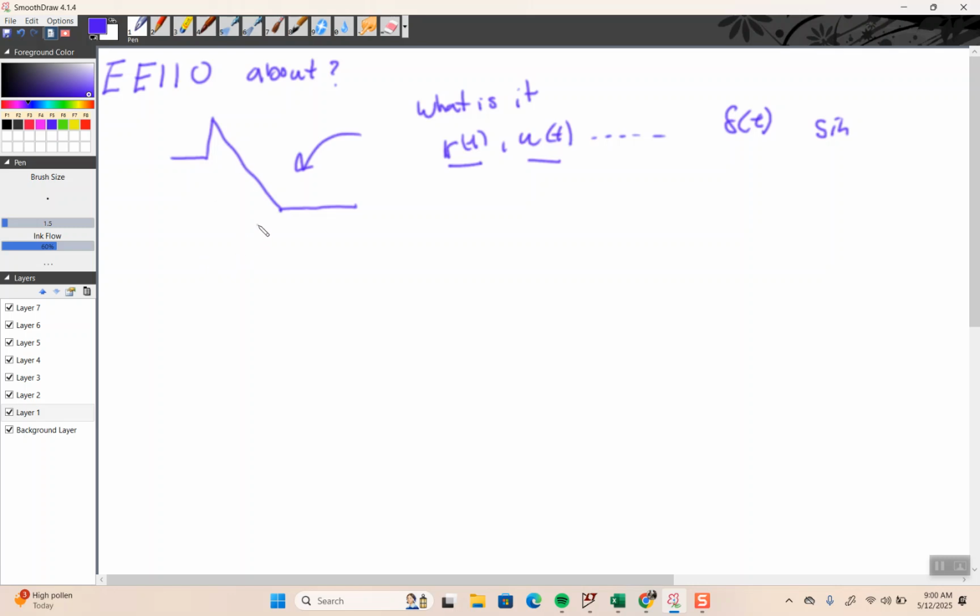Even though this is in the time domain, right? This shape here, if I put it in the frequency domain, is a Bode plot, right? And if you really look at it, it's just like a ramp in frequency.